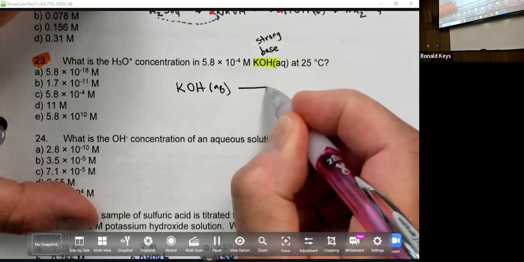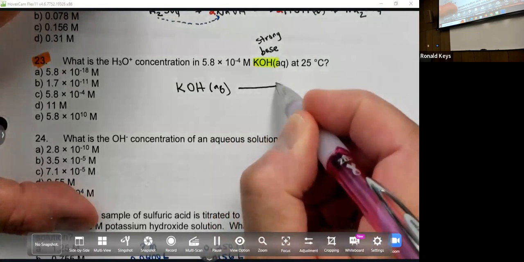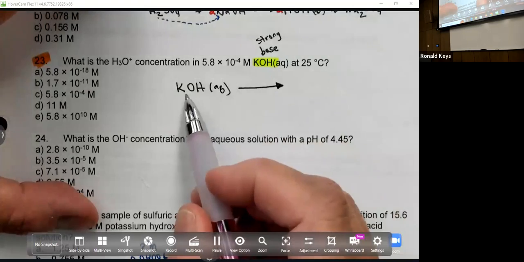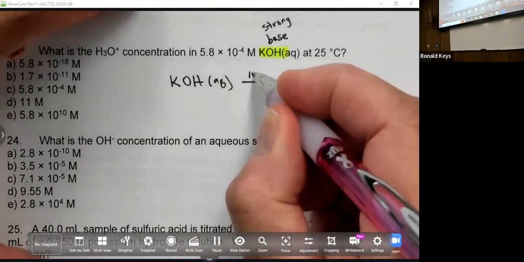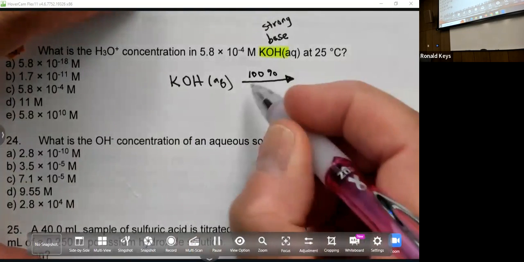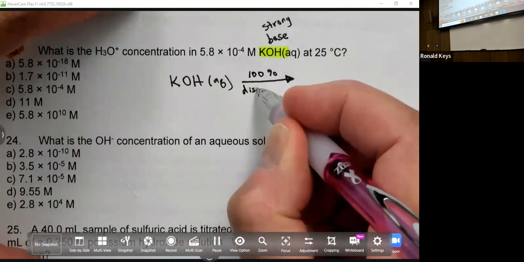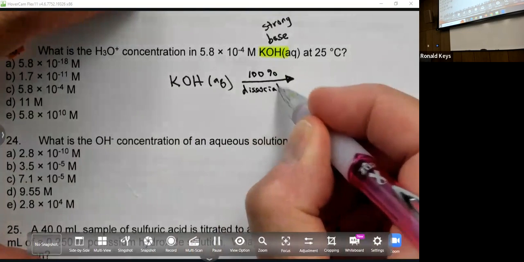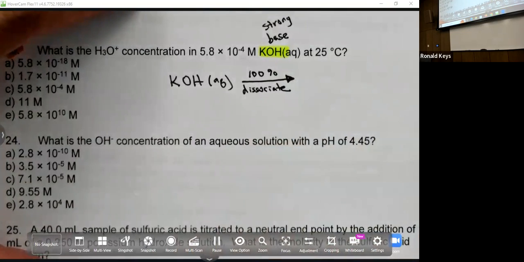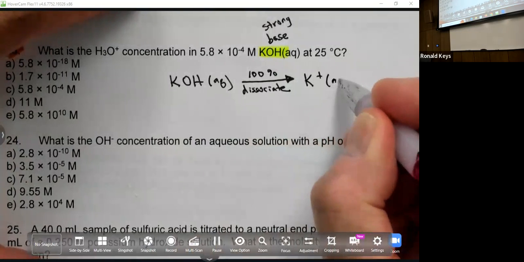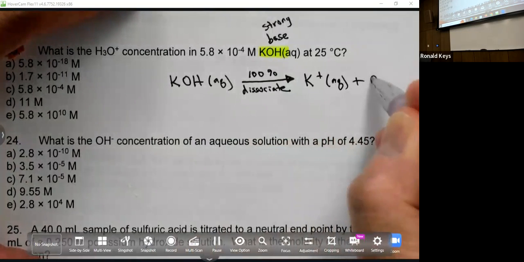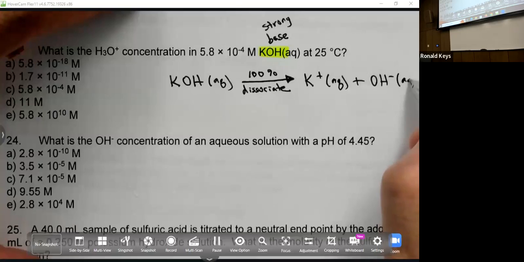What's really in that solution, there is no potassium hooked up with hydroxide. We know that this is going to 100% dissociate into K plus and OH minus.